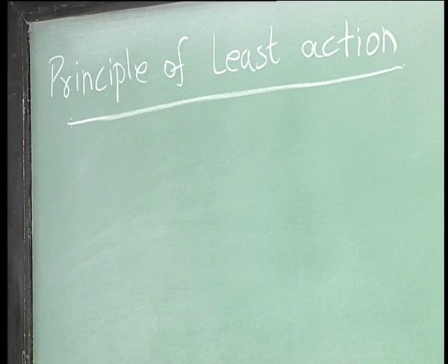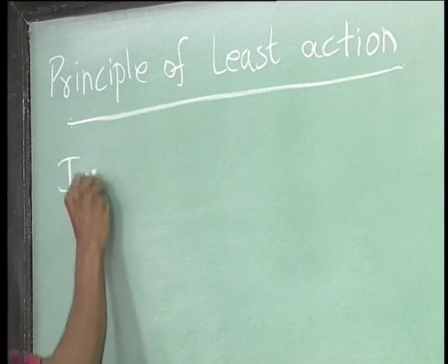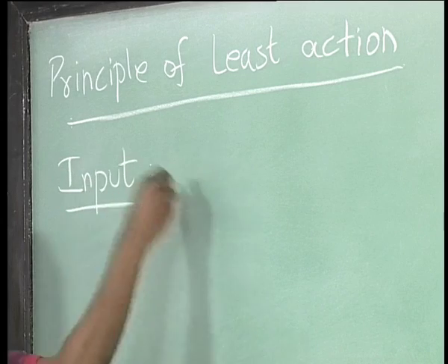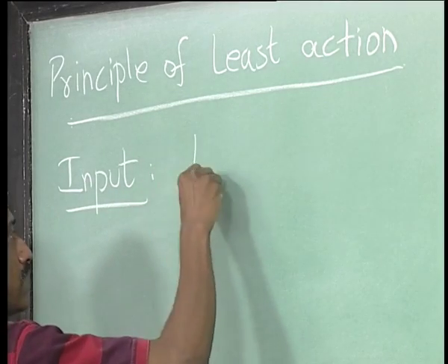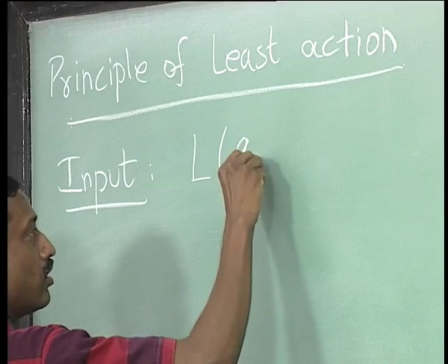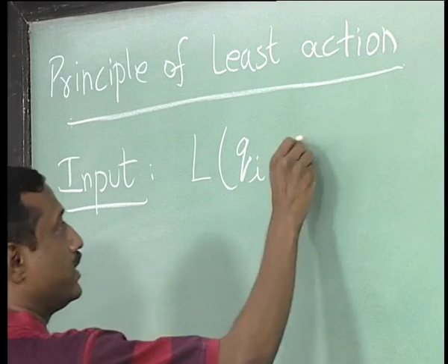So, the input is something called the Lagrangian, which we have already discussed, which is a function of coordinates and velocities.